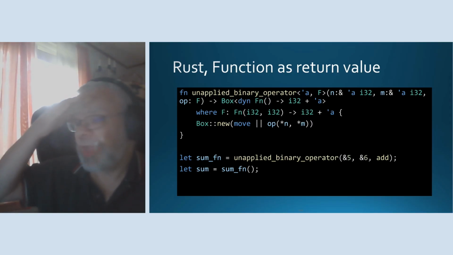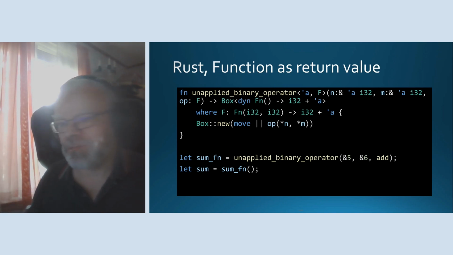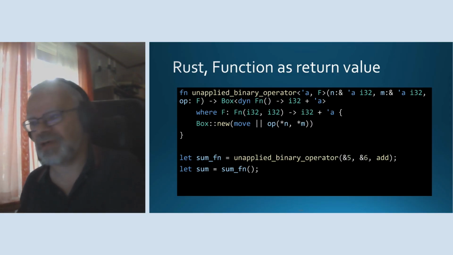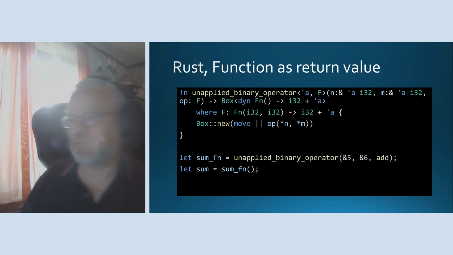So you have to add something, this tick A, which is a lifetime that tells the compiler that these values all belong to the same lifetime. So when this value goes out of scope, all these values should be removed. I'm not going to go too deep into this, but it gets hairy quickly.